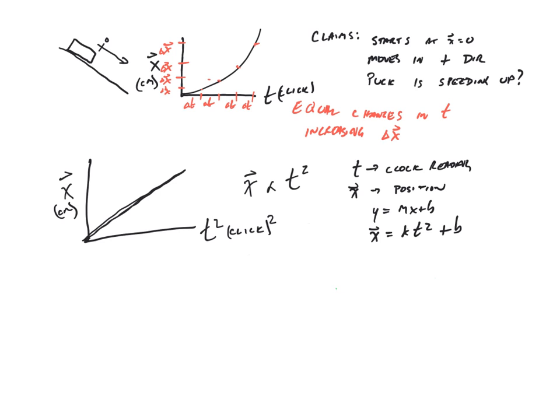Then, real quick, I can say, hey look, the y-intercept of this graph is 0. And then I need to look at the slope. So I'm going to calculate the slope. Slope is the change in position over the change in the t squared. And then you can plug in some stuff to figure that out.